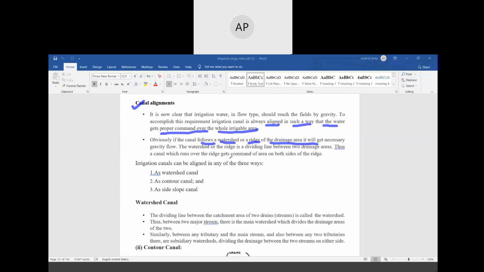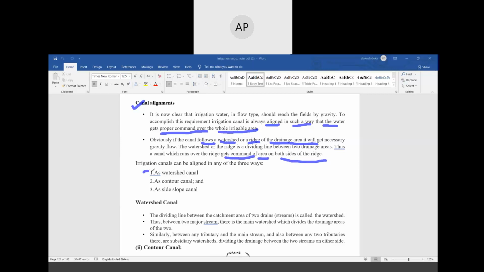Okay, the drainage area, it will get necessary gravity flow. The watershed or the ridge is a dividing line between two drainage areas. Thus, a canal which runs over the ridge gets command of area on both sides of the ridge.